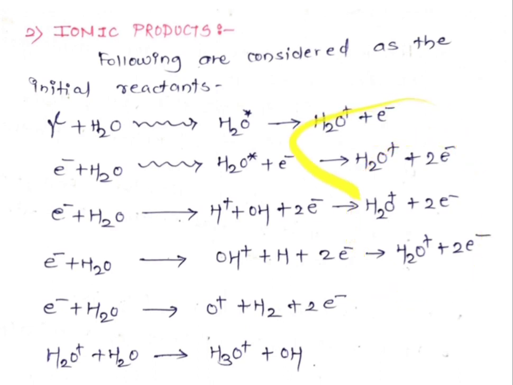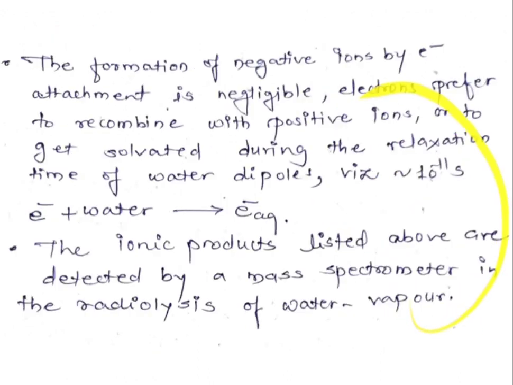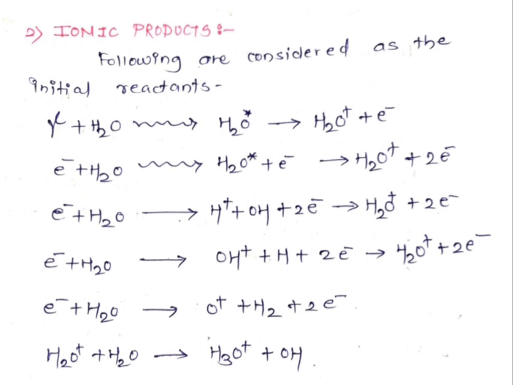So in all cases, the final products are similar. Then again, in the fifth reaction, electron plus water, there is a formation of O plus H2 plus twice electrons. And lastly, when H2O plus and the water molecule interact, there is a formation of HCO plus and the OH.